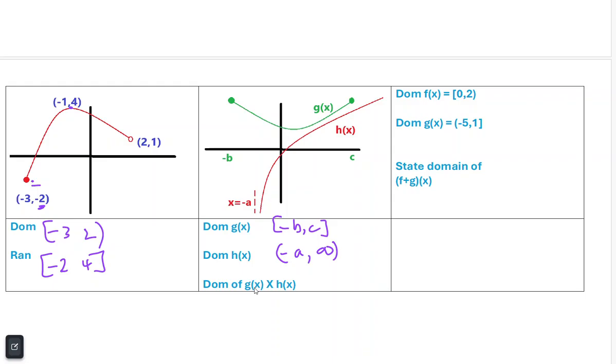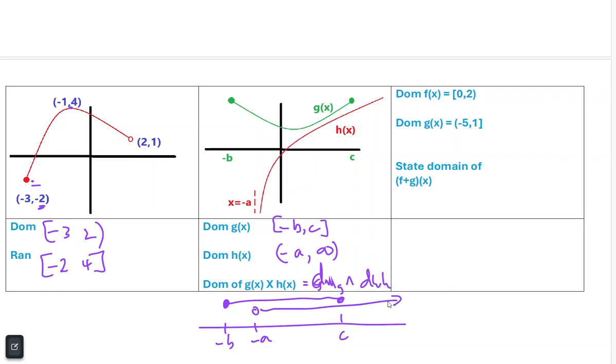And the domain of G of x times H of x will equal the domain of G intersect the domain of H. So on a number line, I've got G, which goes from negative B all the way through to C, and I've got H that goes from negative A with an open circle all the way to infinity, and this is the area where they both exist, so therefore we're looking for minus A through to C inclusive on the C.